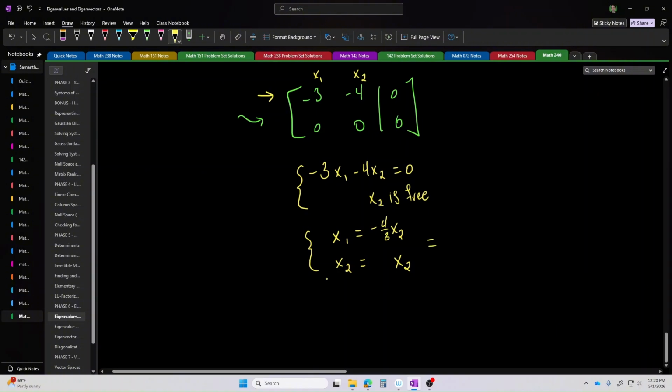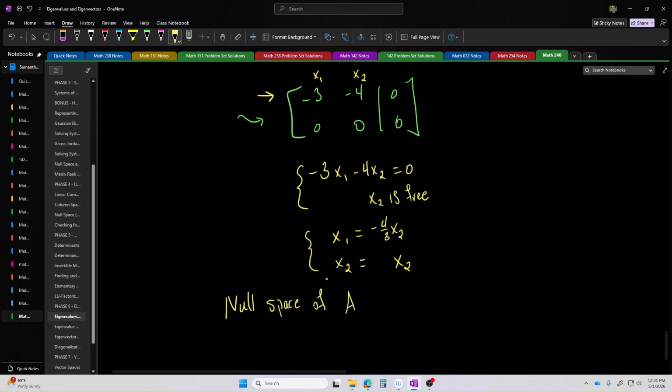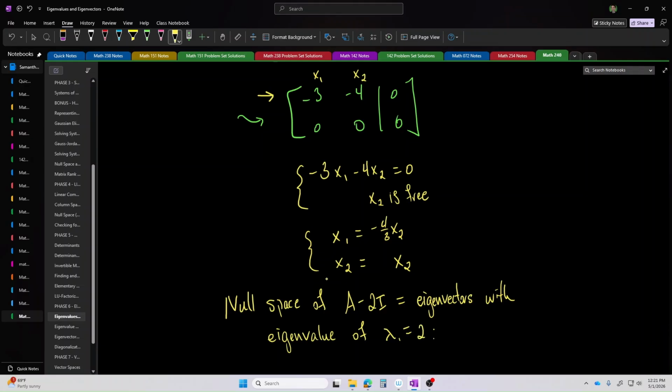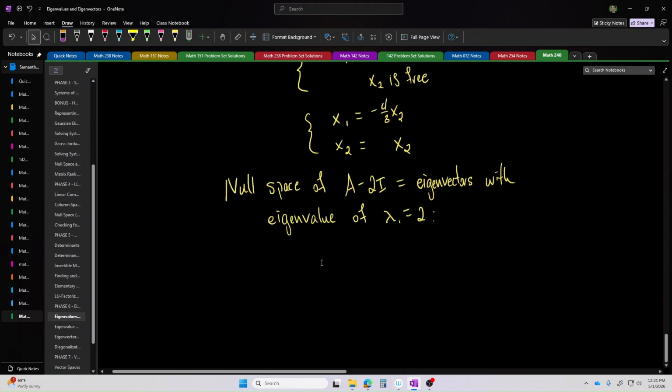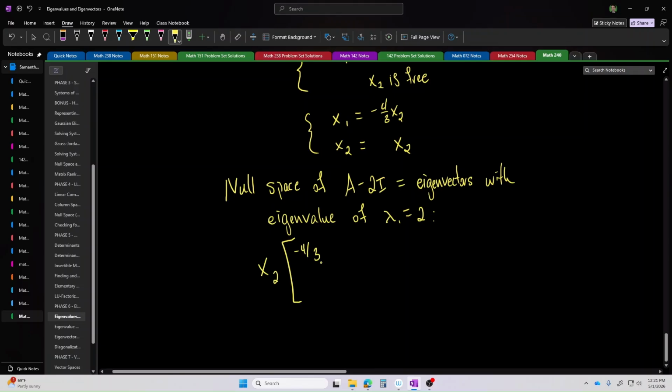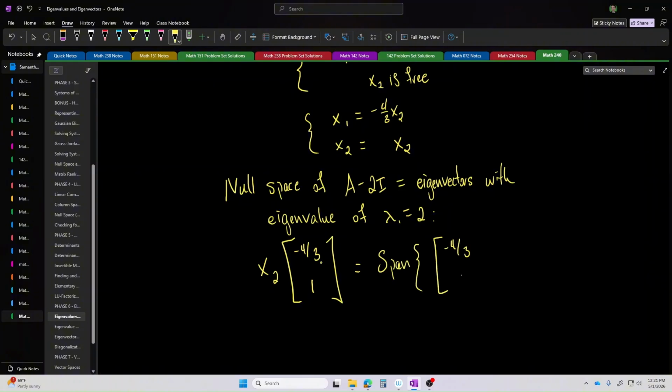All the vectors in the null space of A minus 2I, in other words, all the eigenvectors corresponding to an eigenvalue of lambda equals 2, are all the vectors of the following format: some number times negative 4/3 in the top entry, 1 in the bottom entry, or in other words, the span of (negative 4/3, 1).